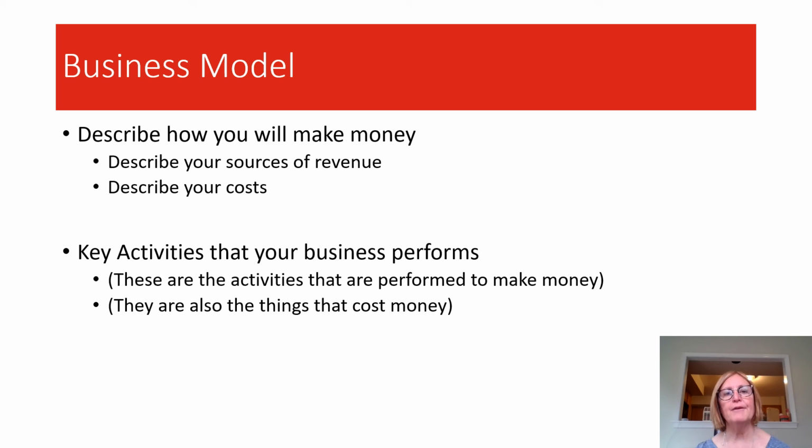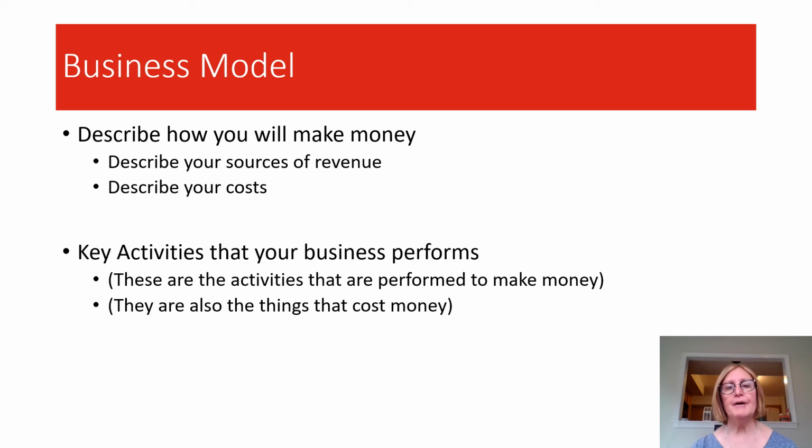Every entity, whether you're a for-profit or nonprofit, requires a business model, and it simply describes how your entity will make money. For any entity to be viable, the money coming in must exceed the money going out. So the money coming in is called revenue or sales, and the money going out is called costs.